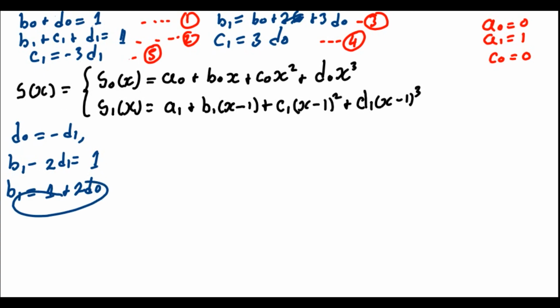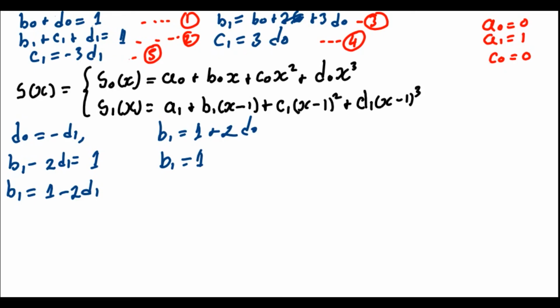So for this one here, where there is D naught, just substitute minus D sub 1. Remember, it was B sub 1 is equal to 1 plus 2D naught. I've just done B sub 1 is equal to 1 plus 2 open bracket minus D sub 1. So I've ended up with that.